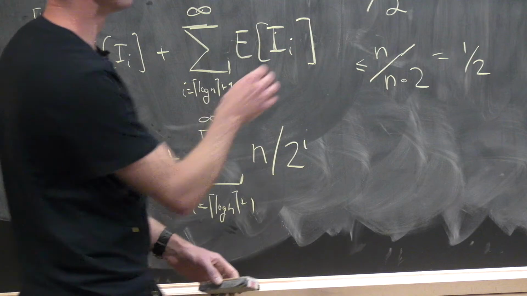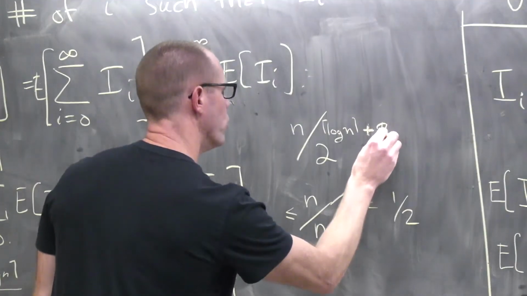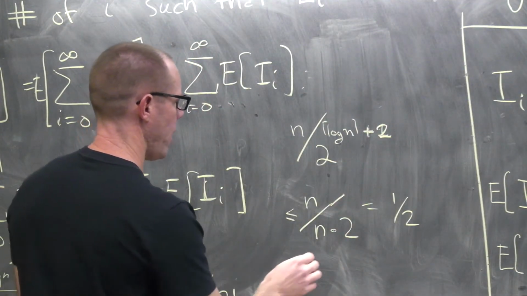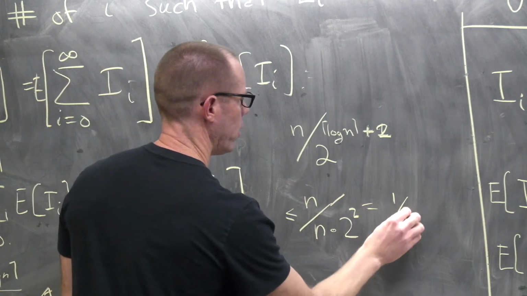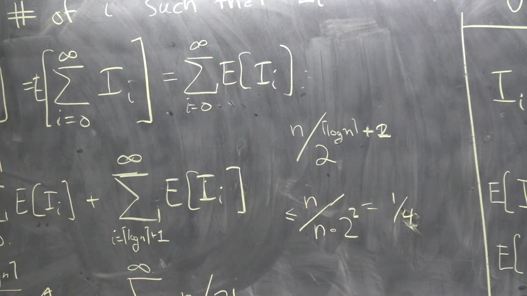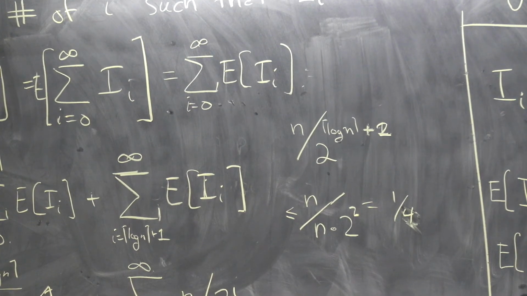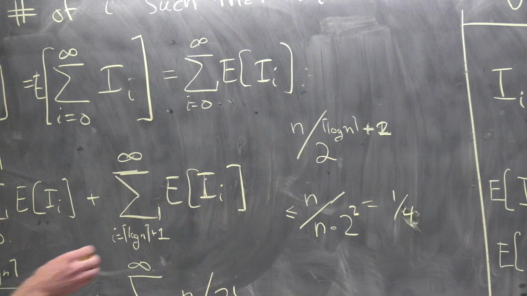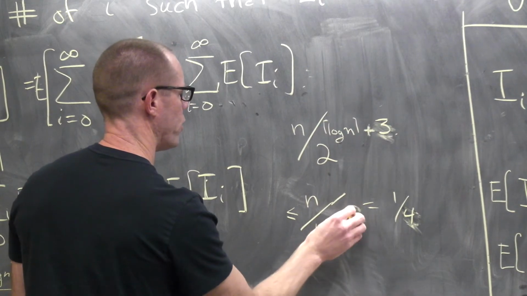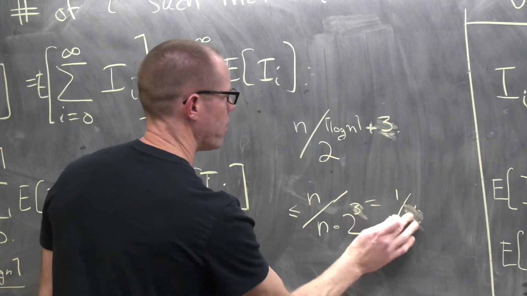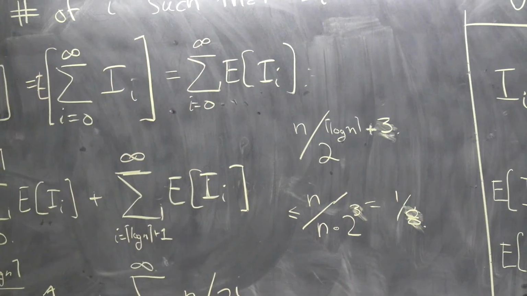What's the second term? Well, that's n over 2 to the log n plus 2. And so that leaves n over n times 2 to the 2, which is a quarter. And the third term is with a plus 3 here, n over 2 to the 3. So that gives us an eighth.